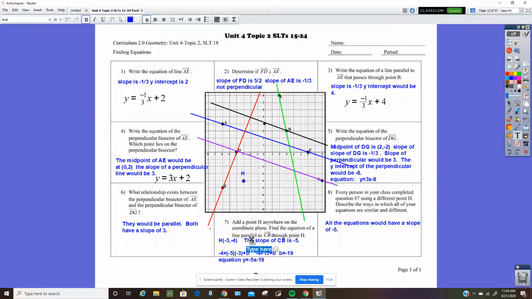So in other words, since I picked a point negative 3, 4, I would do y minus negative 4 is equal to negative 5 times x minus negative 3, and that would turn into y plus 4 equals negative 5 times x plus 3.